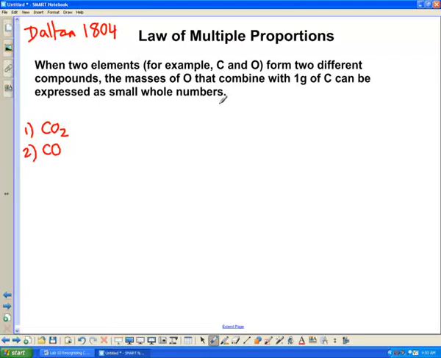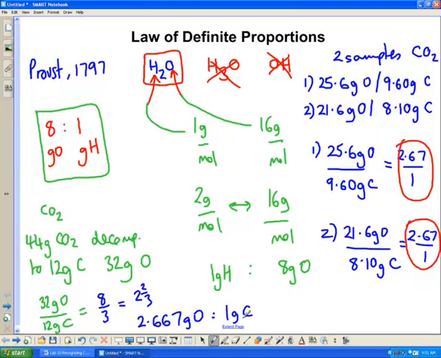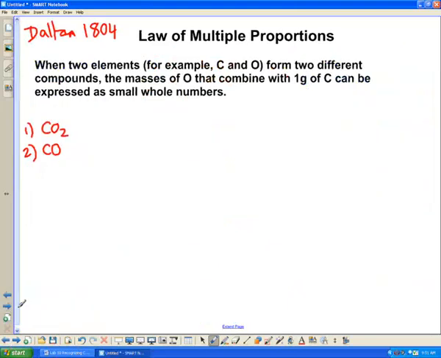Now that might be a little bit confusing, so let me explain it with an example. We saw before for carbon dioxide the ratio was 2.67 grams of oxygen to 1 gram of carbon.